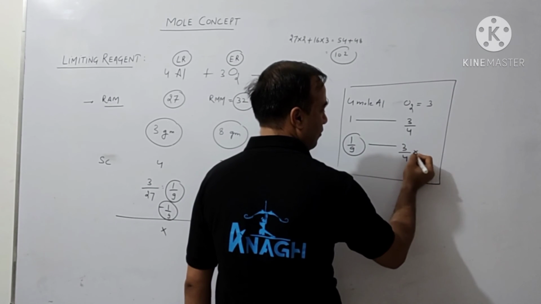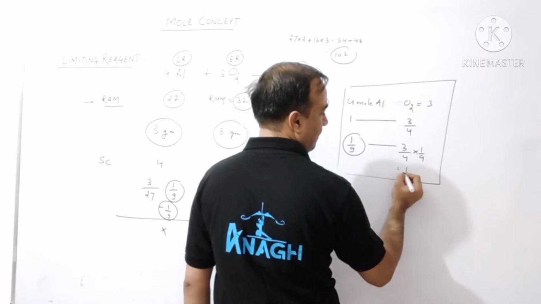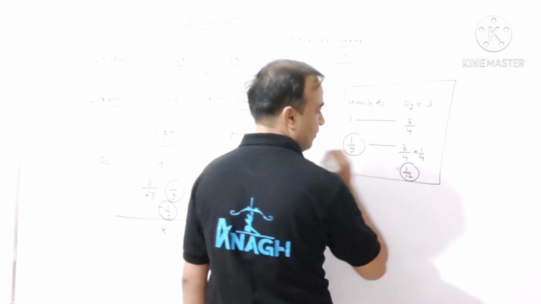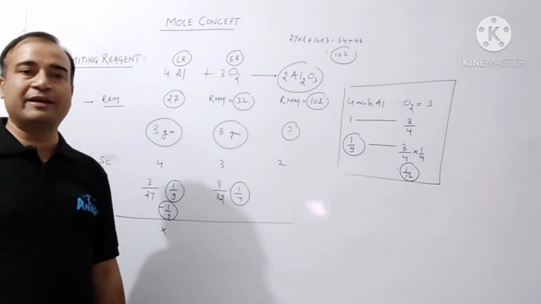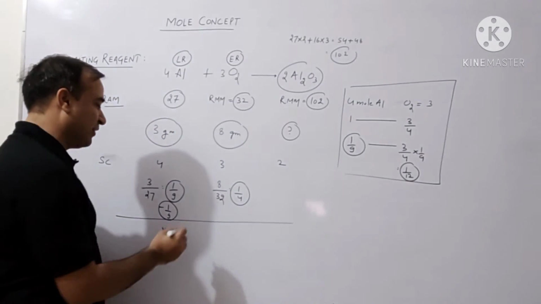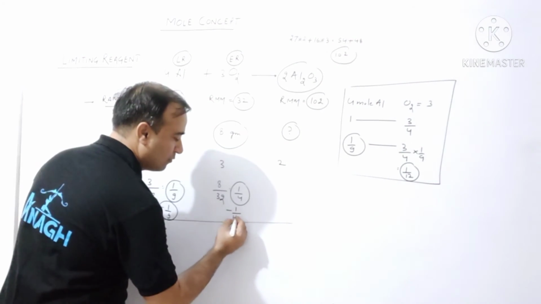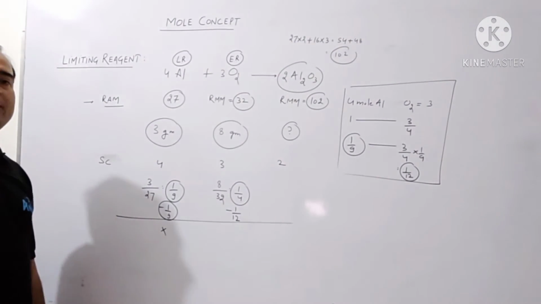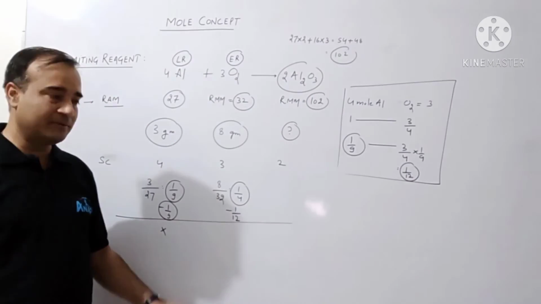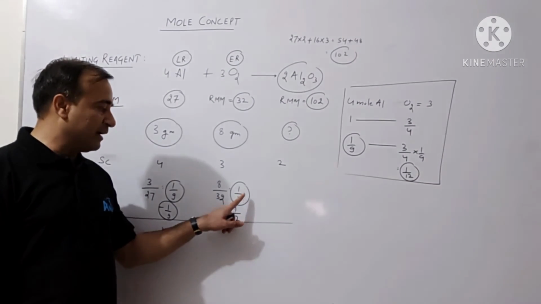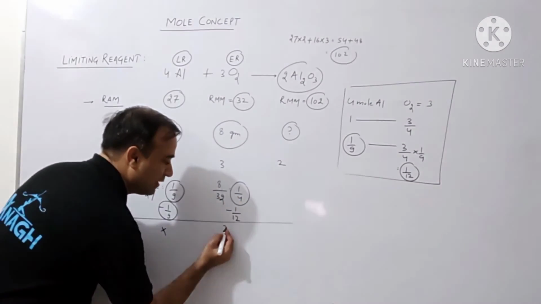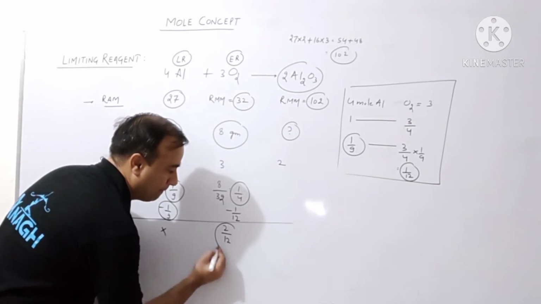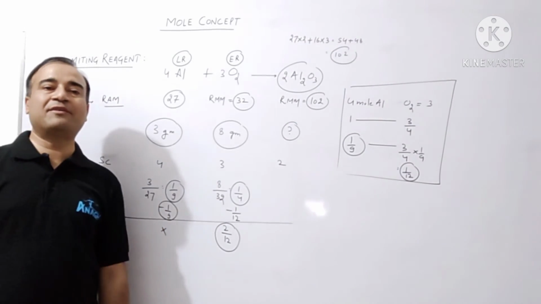So 1/12 moles of oxygen will react. And if 1/12 moles of oxygen react, how many moles of oxygen are left unreacted? 3/12 minus 1/12, that is 2/12 moles of oxygen left unreacted.